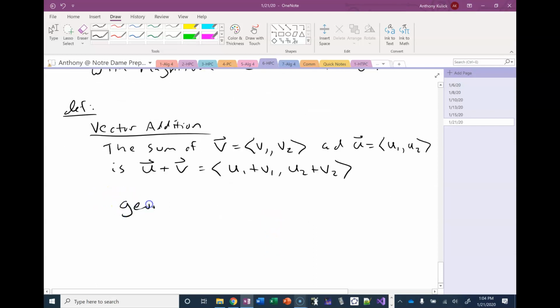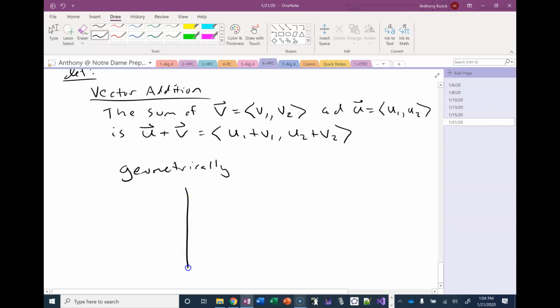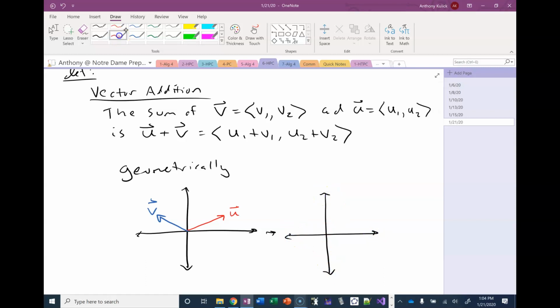If we were doing the same thing geometrically, so let's say here's my vector u, and this one is my vector v. If I wanted to add them together, what I would do is I would draw my vector u.